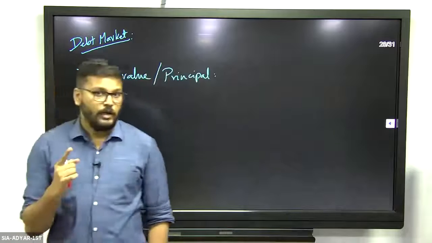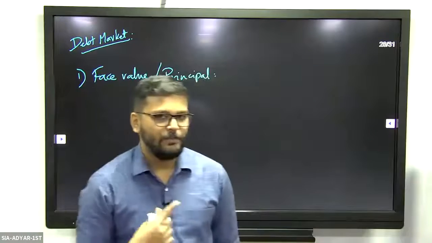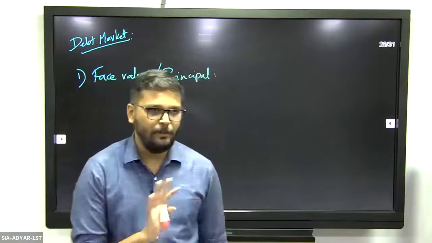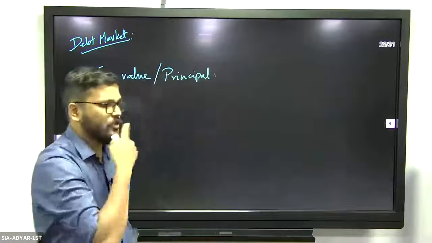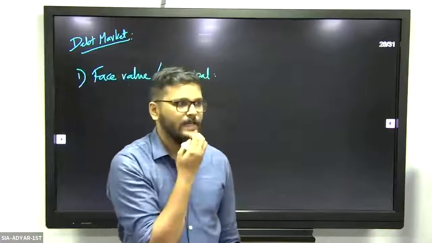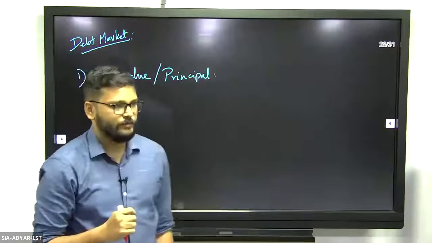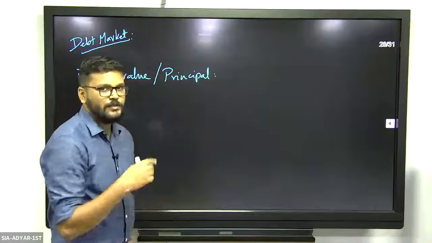Now remember, in the concept of issued at discount, redeemed at par that we saw with T-bill, the face value is not the principal amount. It is the final amount that you get back. In this instrument, face value is the amount mentioned on the debt instrument, so it is also the principal amount. Principal and face value are the same only in instruments which give you interest.